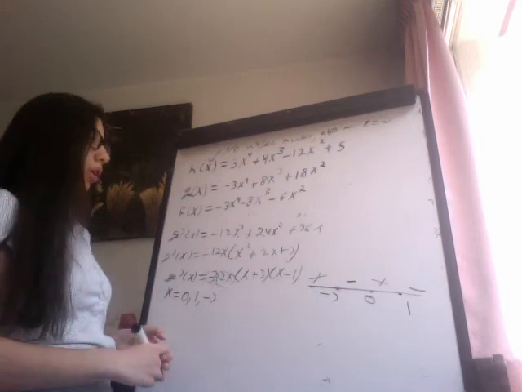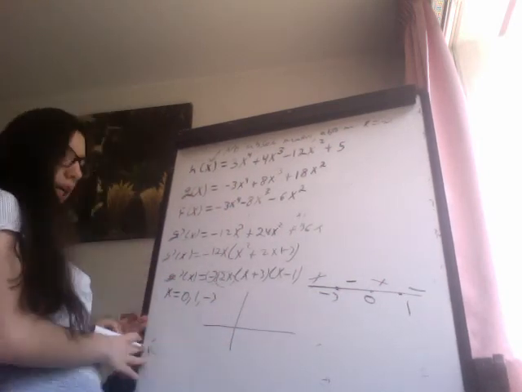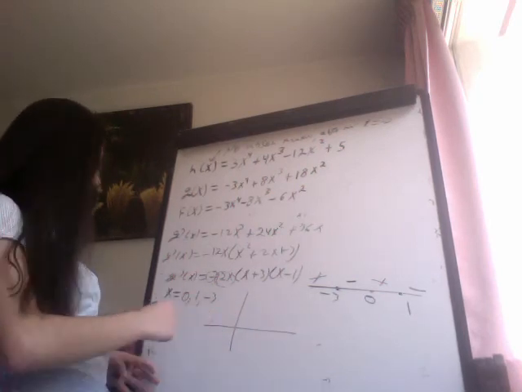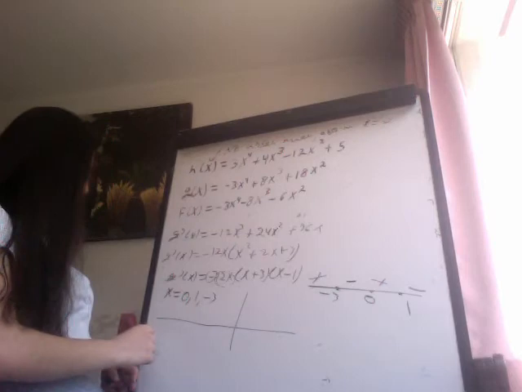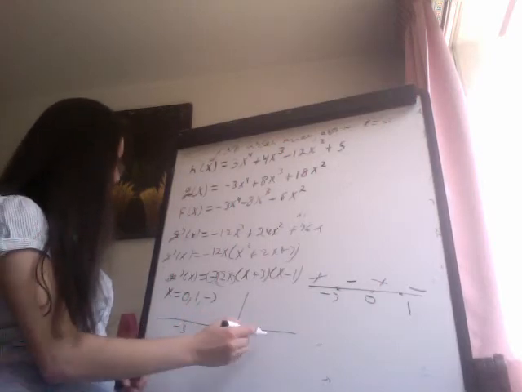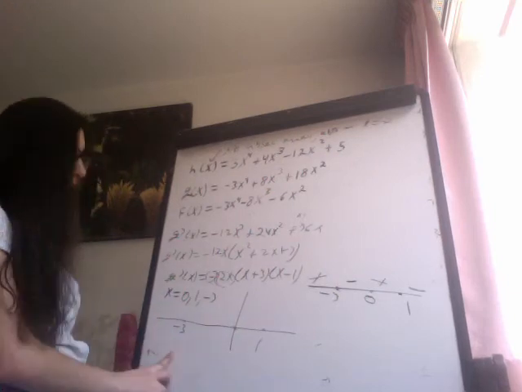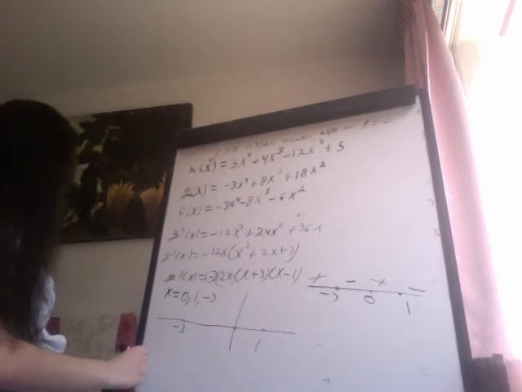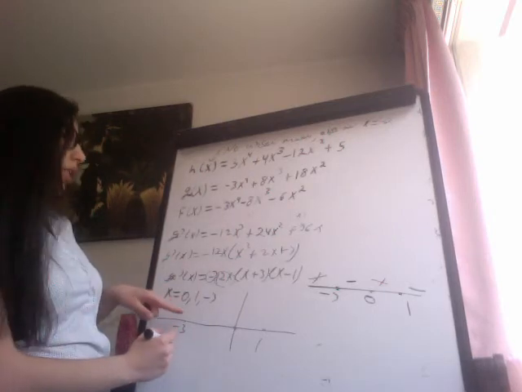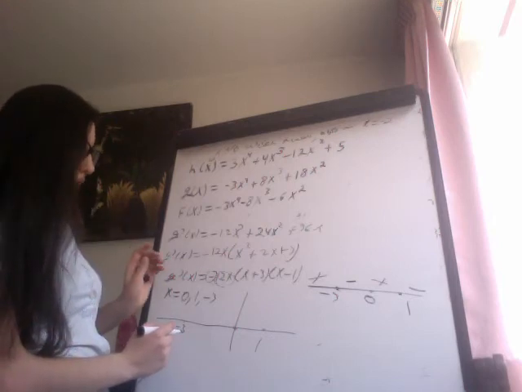So now, as we go from negative infinity to positive infinity, the function is increasing, so we are coming from here, and this is negative 3, 0, and 1. So the function is increasing until x equals negative 3, and then the function begins to decrease.